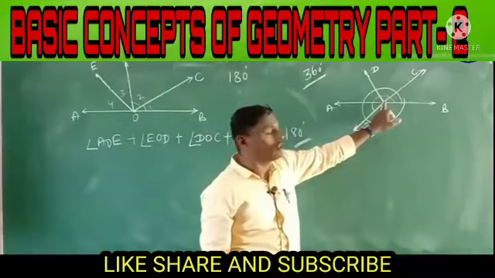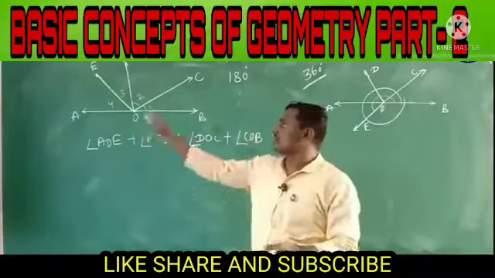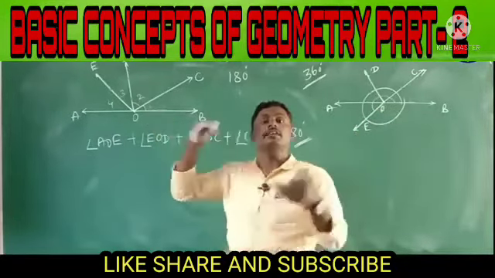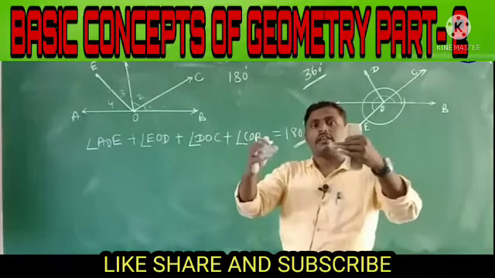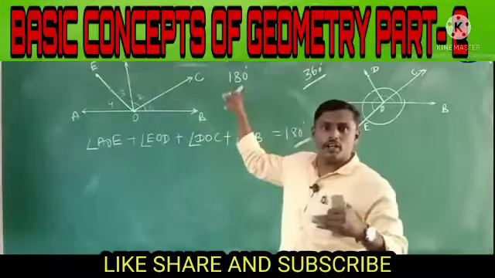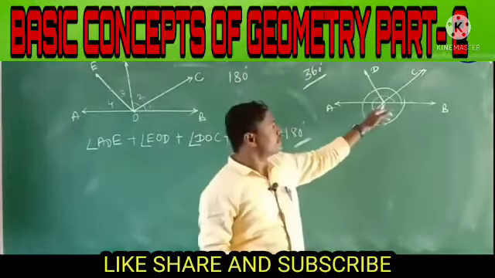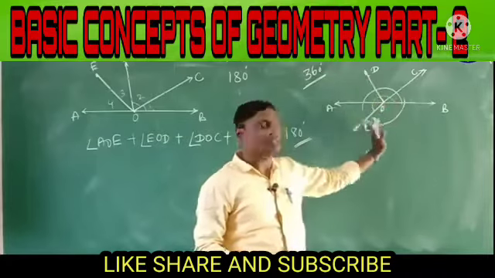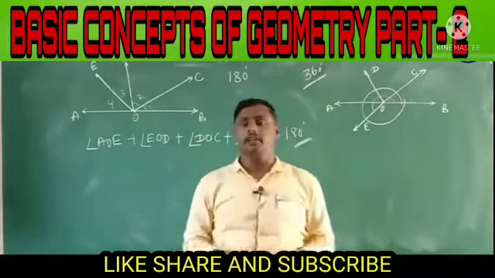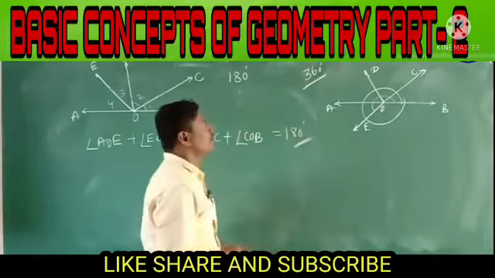This is the angle formed by the point and this one is the angle formed by the straight line, right? The angles on the same side of the line sum to 180 degrees. The angles formed by the same point in all directions sum to 360 degrees, right? Next one.